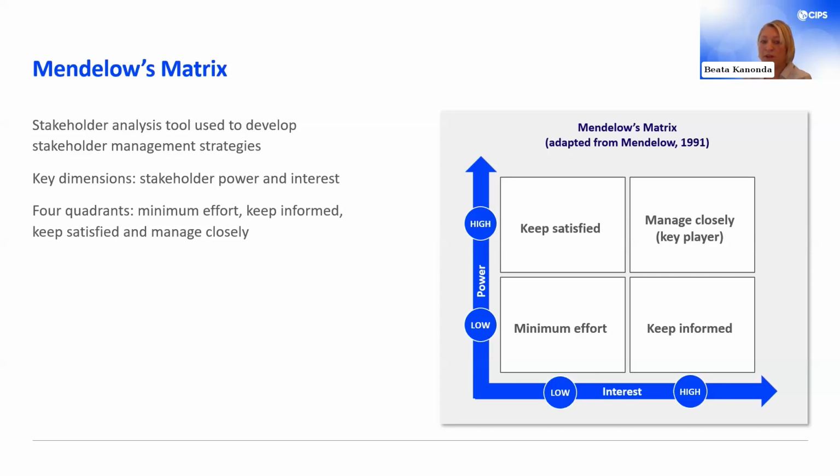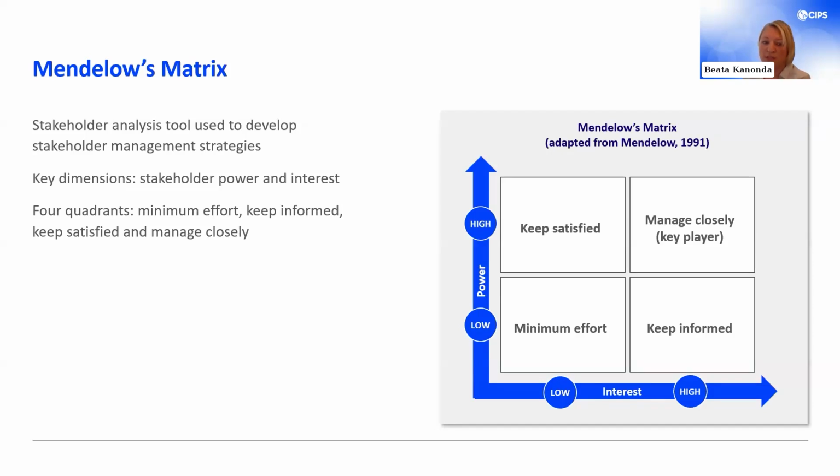The matrix categorizes stakeholders based on their level of power and interest in the company's activities into 4 quadrants. Minimum effort, which are stakeholders that have little influence and are minimally affected by the decisions. Keep informed, which are stakeholders with limited influence but vested interest in the outcome. Keep satisfied, influential stakeholders who aren't deeply involved in the day-to-day activities but can still affect the outcome.